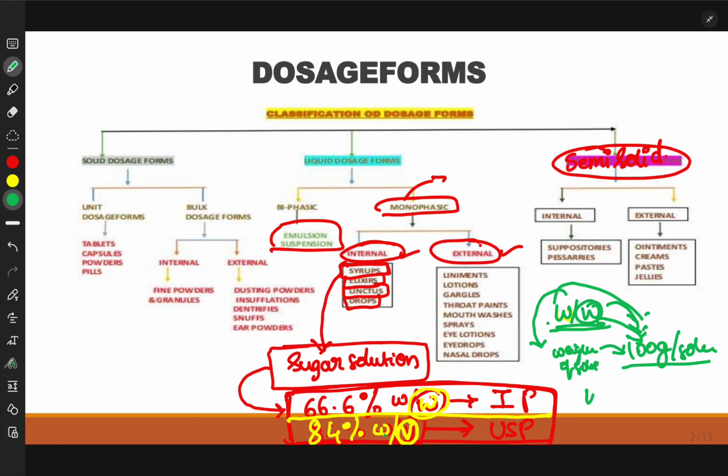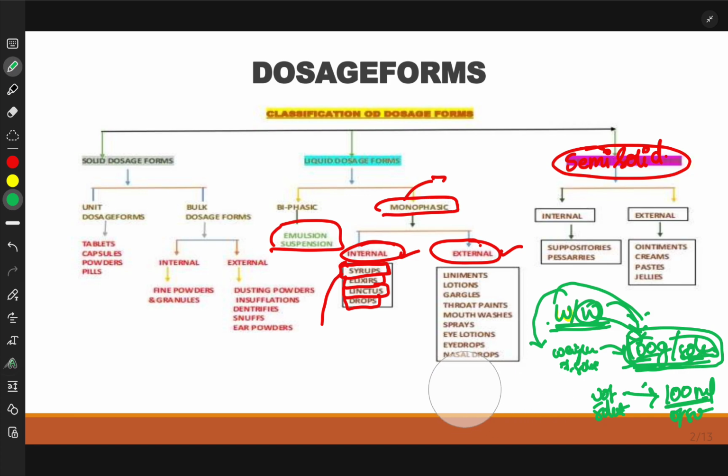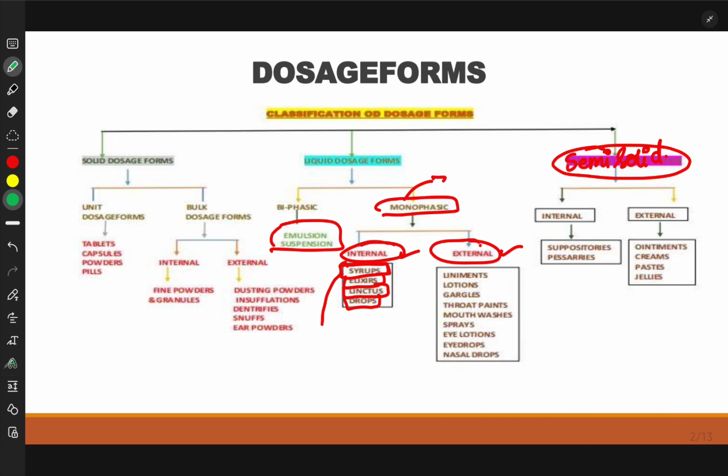Weight by volume means the weight of solute dissolved in 100 ml of solution. Volume means solution, 100 ml; weight means grams. You must and should know this, the difference between weight by weight and weight by volume. This is one most important bit, with a high chance in the exam. We'll move further.